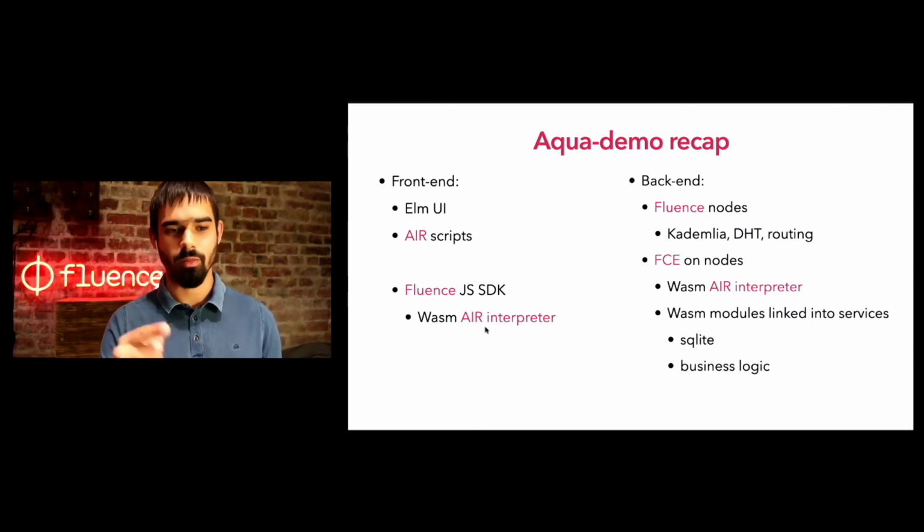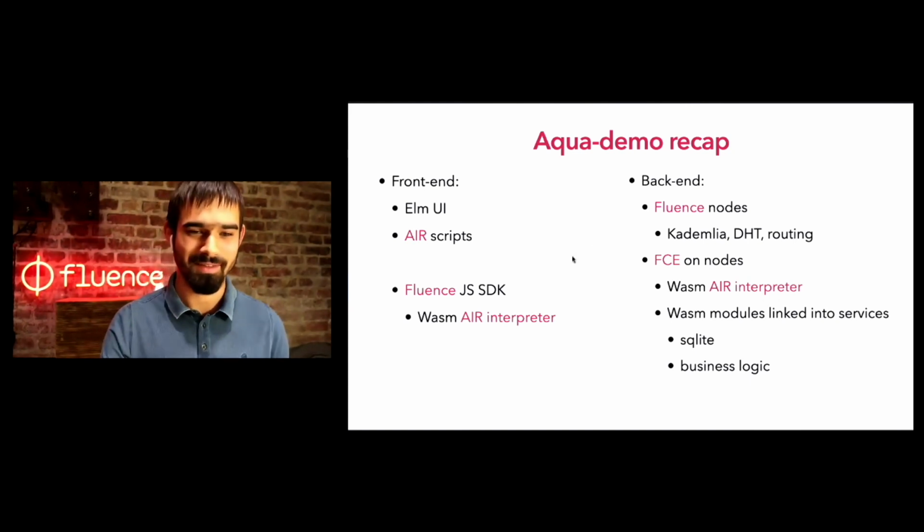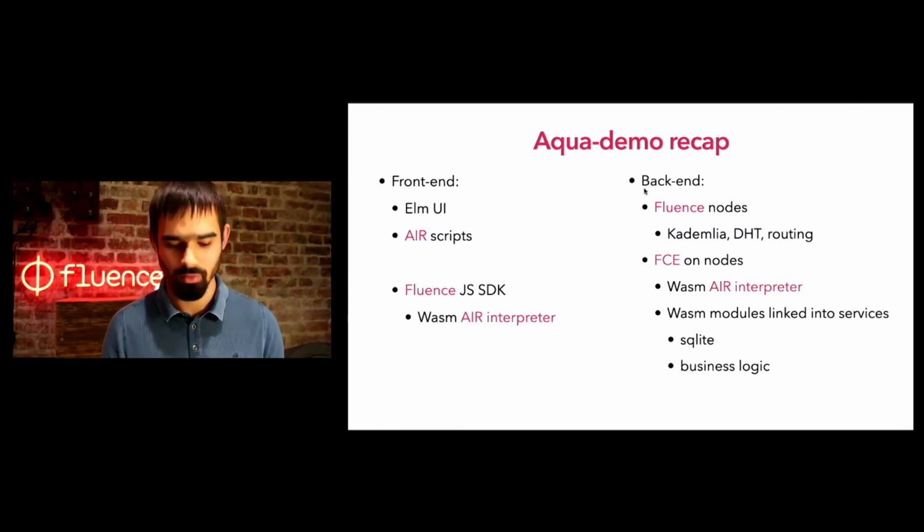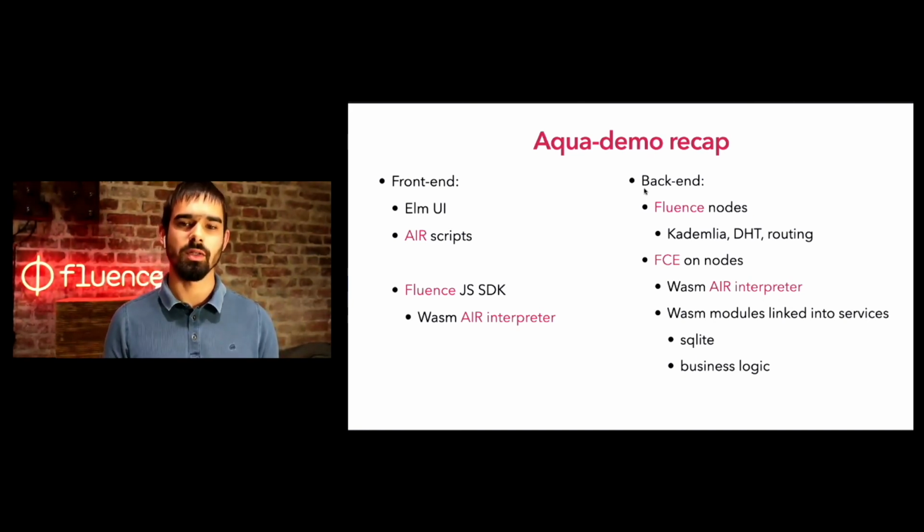Just to recap, air is an intermediate representation, a low-level language. On the back end, we have deployed several Fluence nodes. We use Kademlia under the hood to find the peers by public keys. We use DHT to register peers and relays and to route from clients to clients.